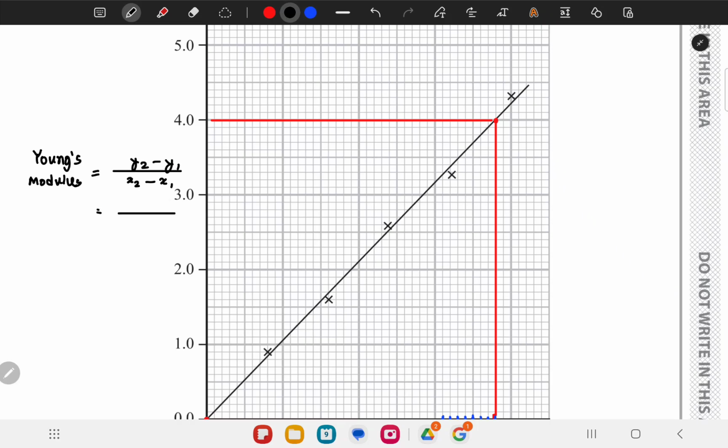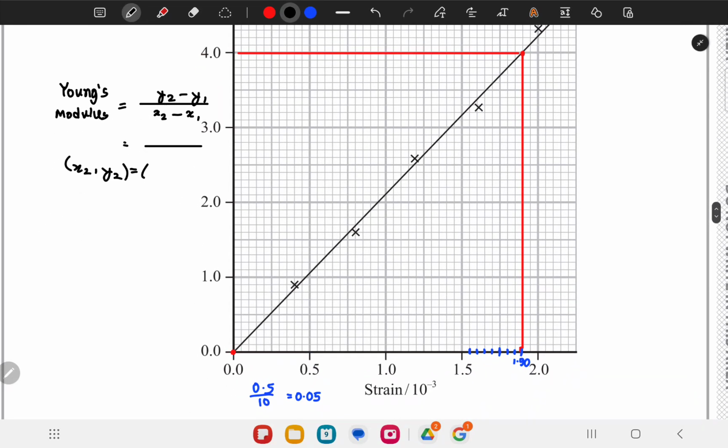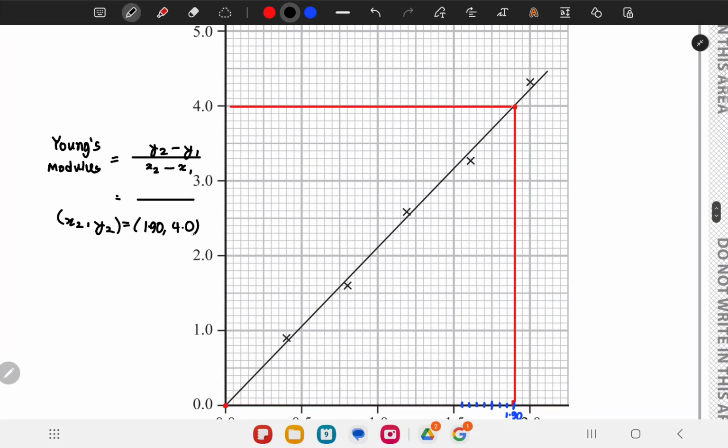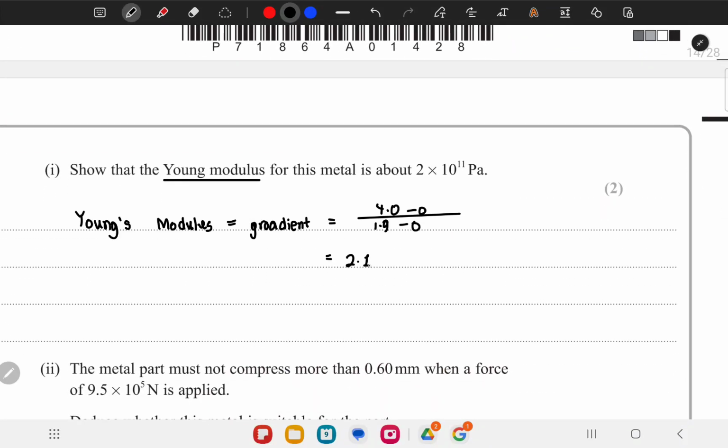Here x2 comma y2 is 1.90 comma 4.0. x1 y1 is origin, so we have 4.0 minus 0 divided by 1.90 minus 0, basically 4 divided by 1.9. So the Young's modulus is 2.11 Pascal.